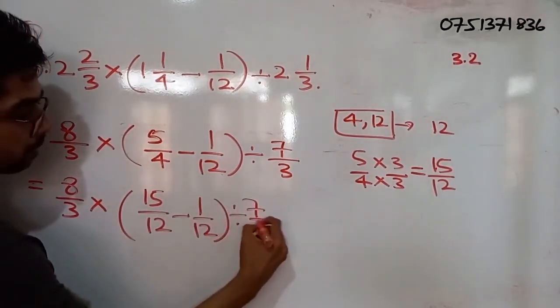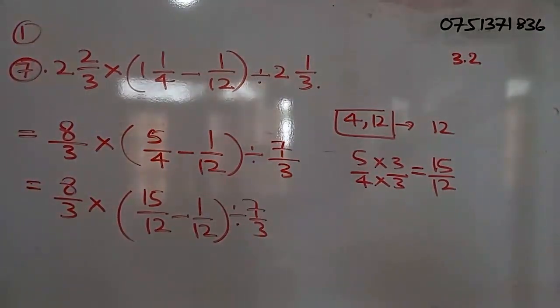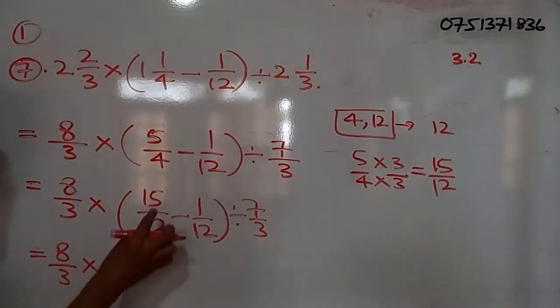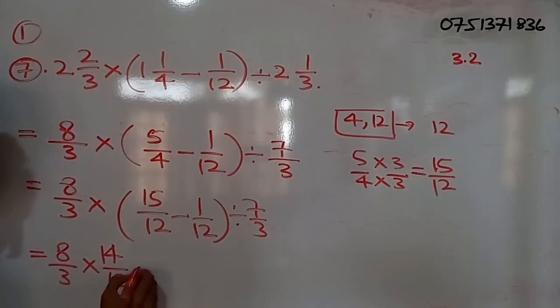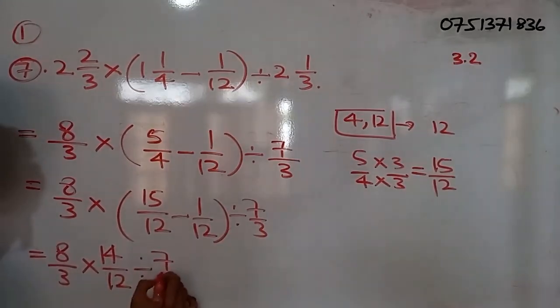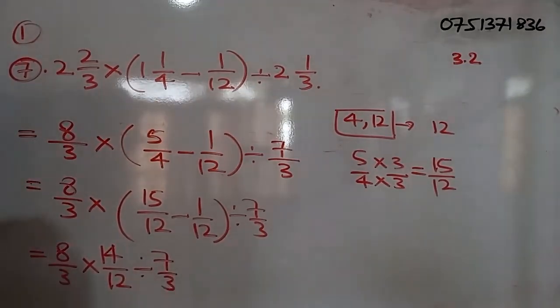Divide by 7 by 3. Okay? Right. So again here we get 8 by 3 into, so when we simplify this part, we get what? 14 by 12. Divide by 7 by 3. Okay?